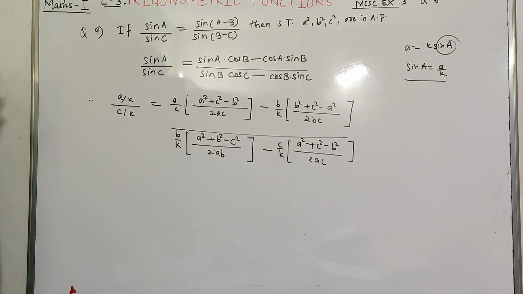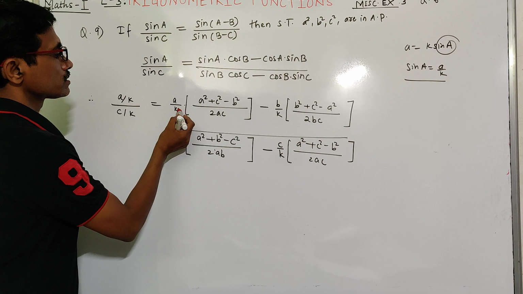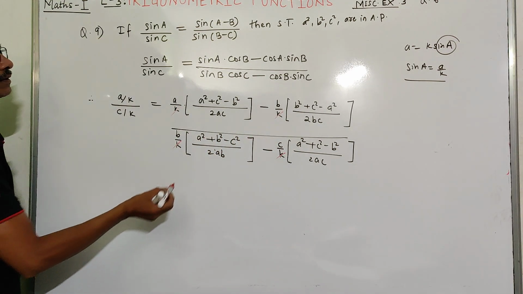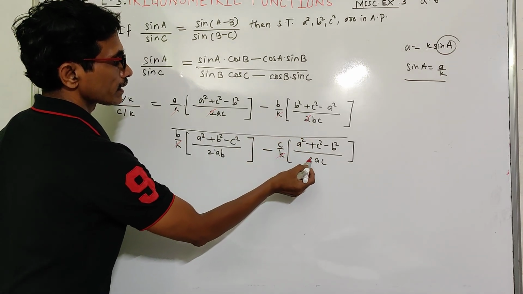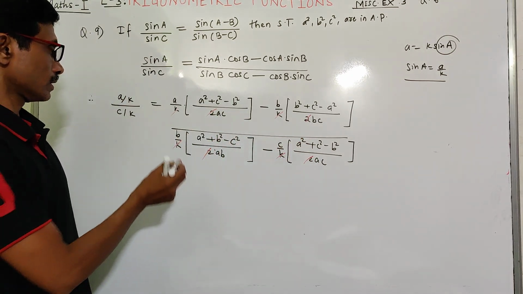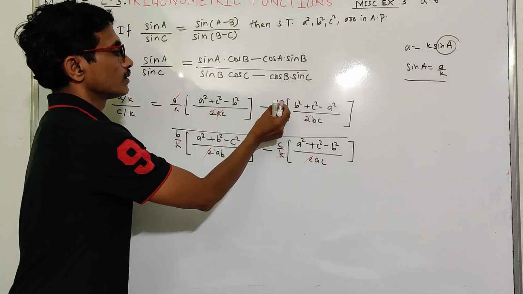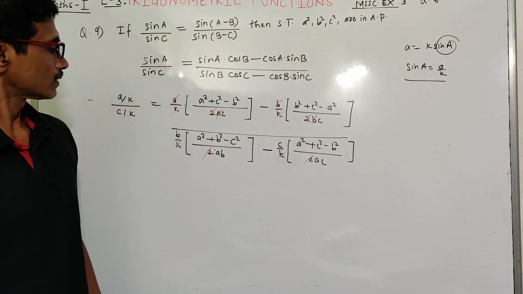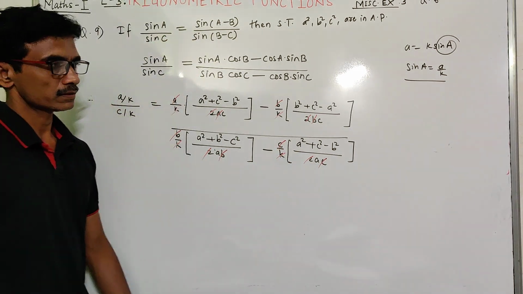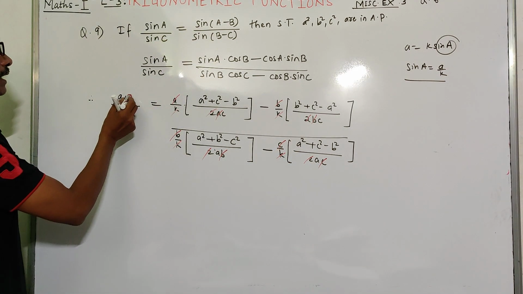Then this K is getting cancelled. Here 2 again will get cancelled from numerator and denominator. Here a is getting cancelled, b is getting cancelled. Here also b is getting cancelled and c is getting cancelled. So this K is getting cancelled.